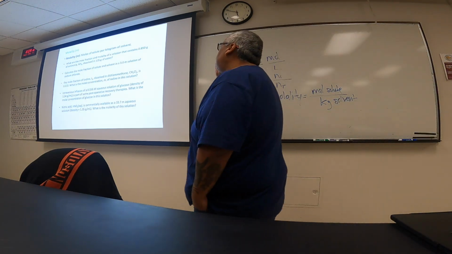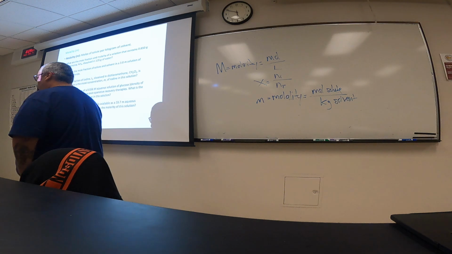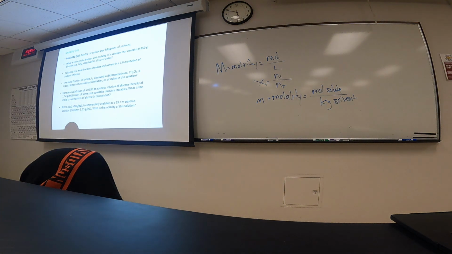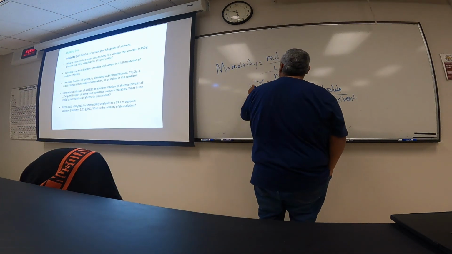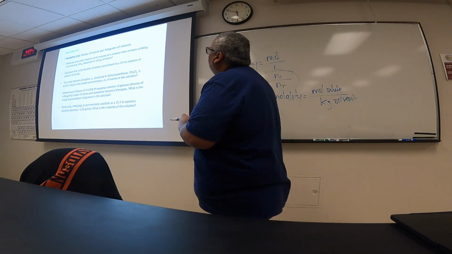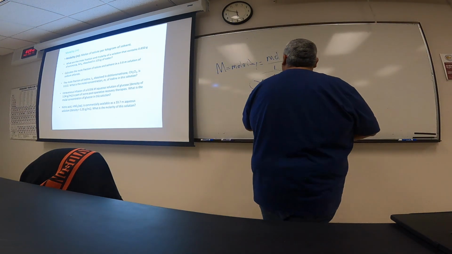So molality. We're going to take a look at some problems here and do some conversions, some dimensional analysis in order to understand what we're looking at for molality. So we're just going to work through these 5 problems here. What is our mole fraction? And what is the molality?